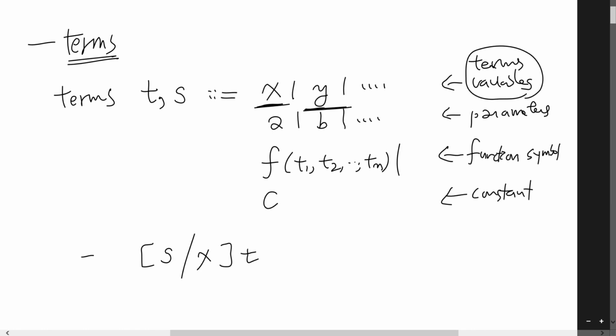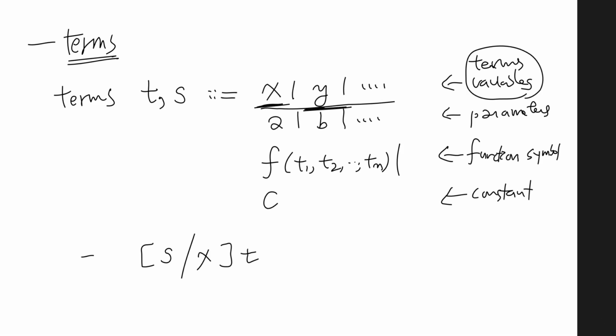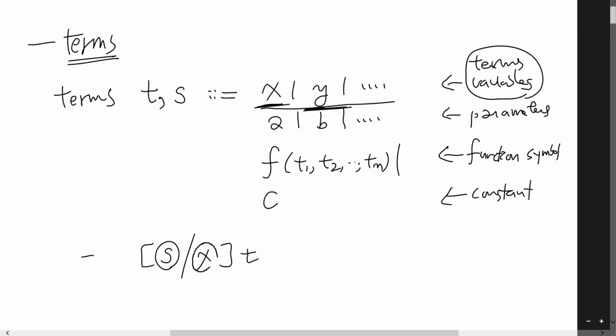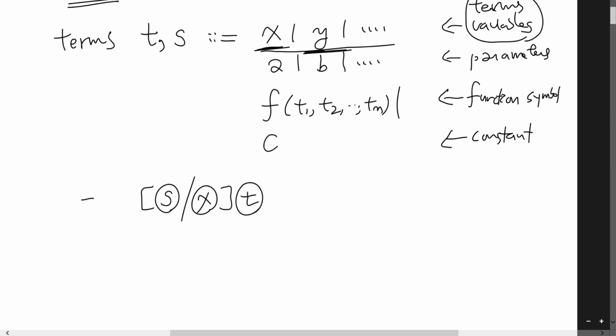But the definition is straightforward, because these variables are just placeholders. You can substitute another term for this variable x found inside this term t. That's all. So these are term variables.